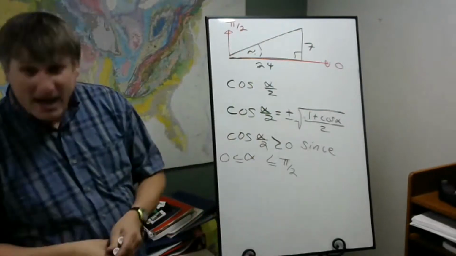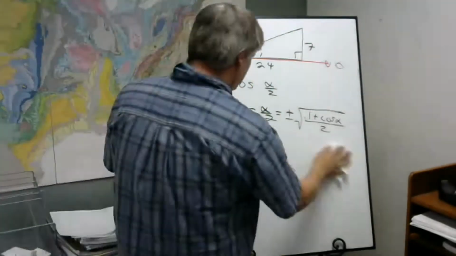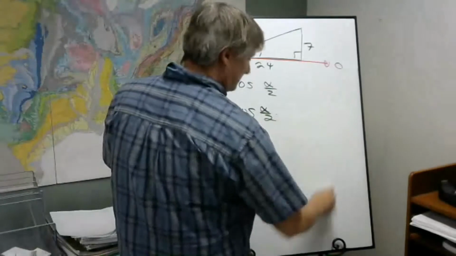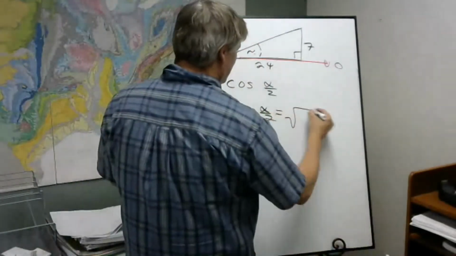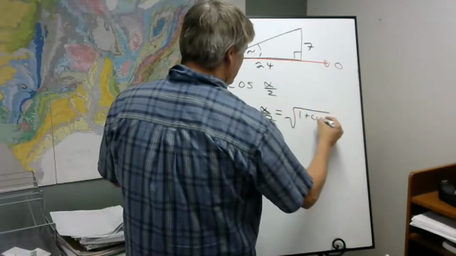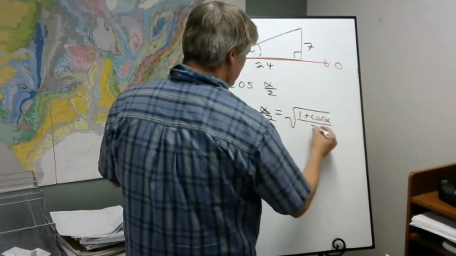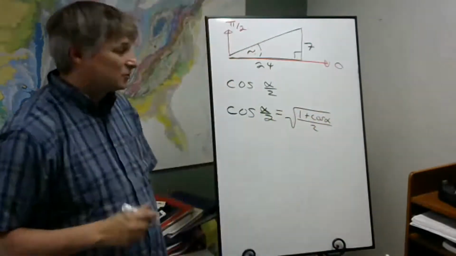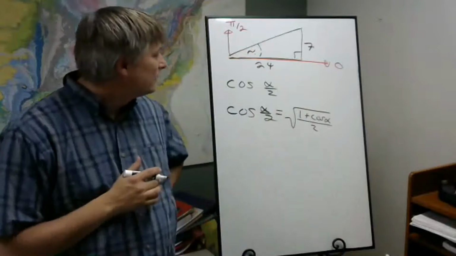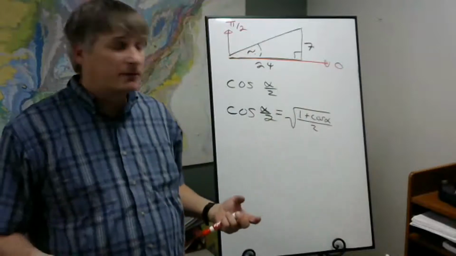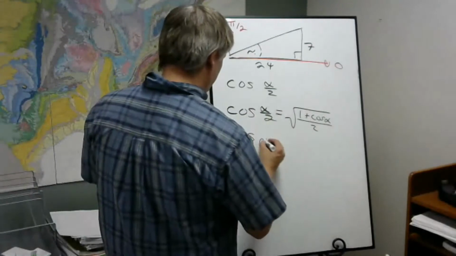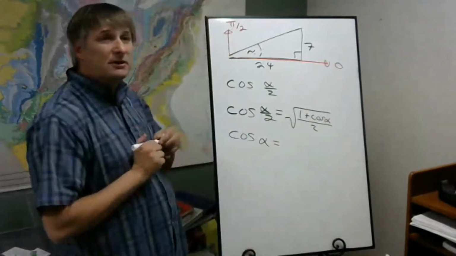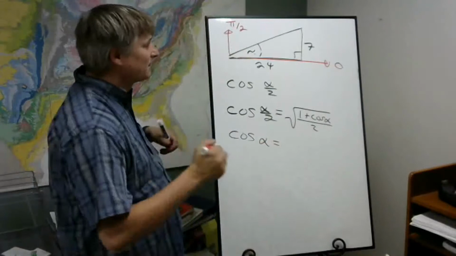So that being said, this will be positive. So we can ditch the minus. Now we just need cosine alpha. Now cosine alpha, we use opposite, adjacent, hypotenuse.